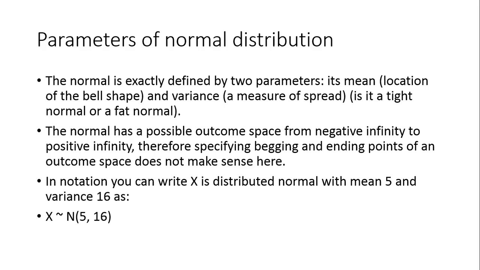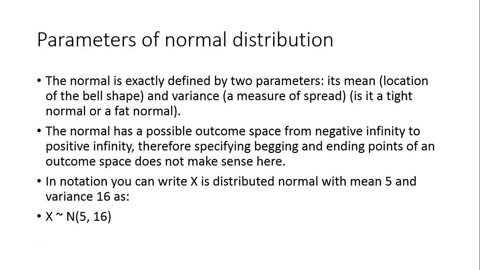I cannot say it starts from 5 and ends on 10. But the two main parameters for normal that are widely accepted: you can say it has a mean of 5 and a variance of 16. If you specify the normal's mean and its variance, it gives you an exact normal distribution.